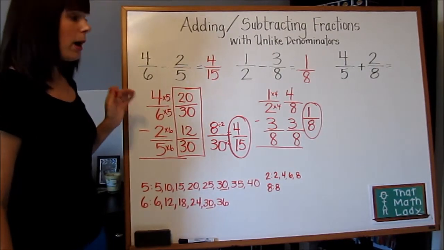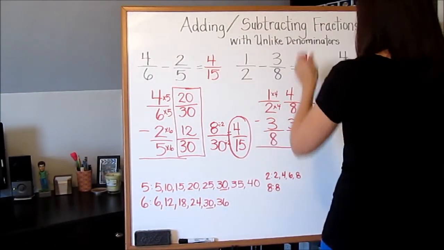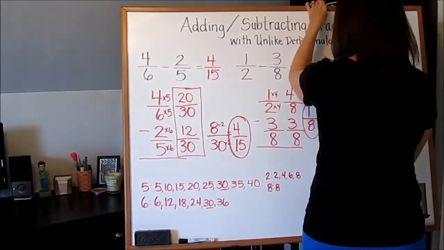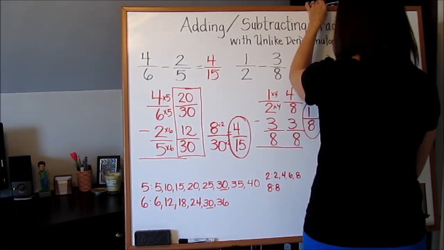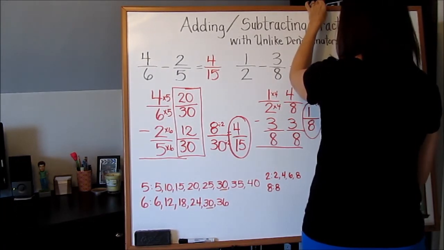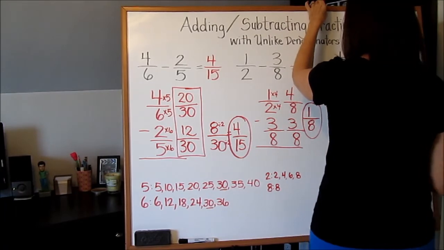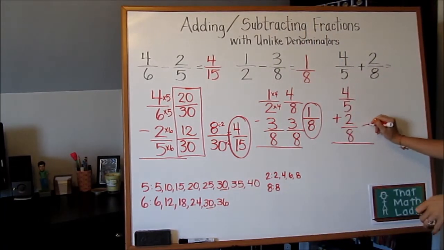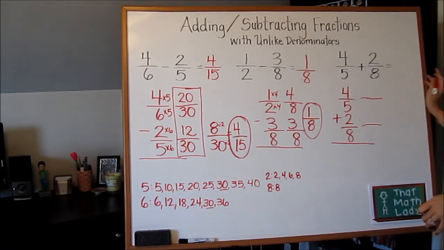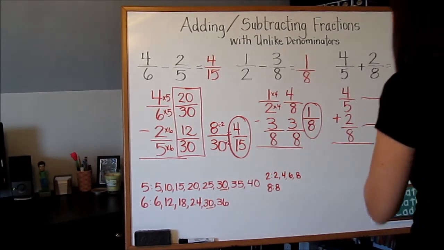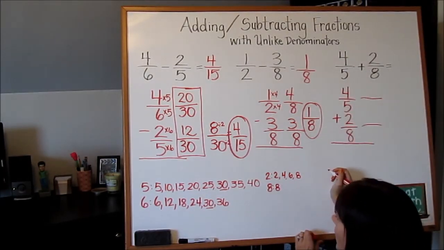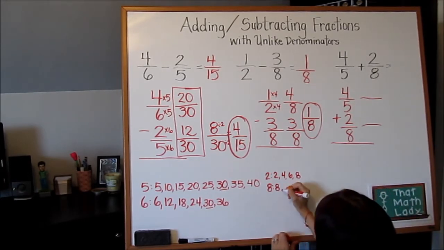Okay, we have one more problem to do. We have 4/5 plus 2/8. Okay, so the first thing I need to do, since my denominators are not the same, is find a least common multiple between 5 and 8. And actually, I'm just going to continue writing them out.